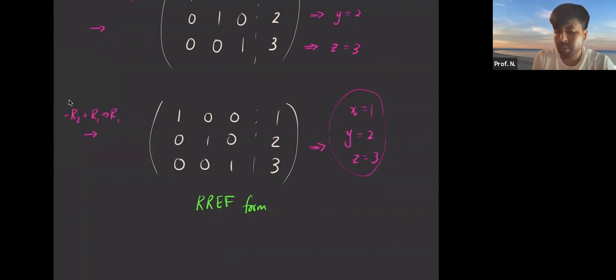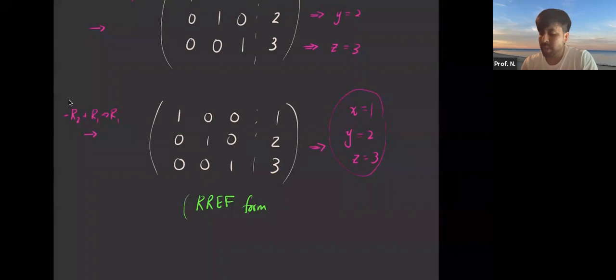One being row echelon form, the other one being reduced row echelon form. Of course, these examples that we've done have one solution, so it doesn't make much of a difference. But when we have problems where it's not going to be this clean every time, we'll see why row reduced echelon form is actually important.